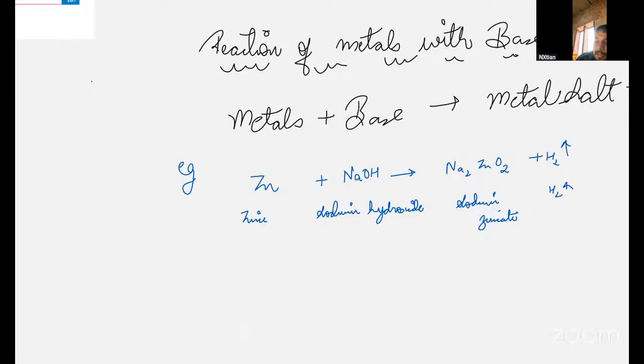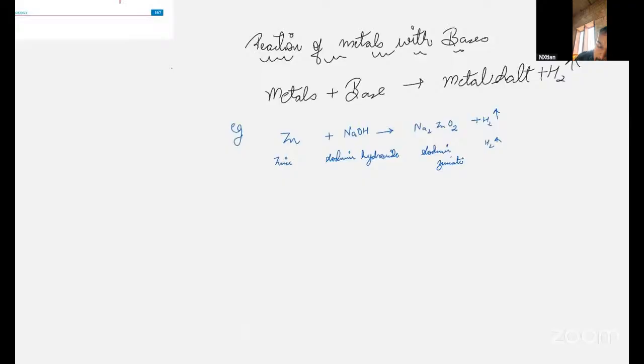Okay, sodium zincate. The another one is aluminium, which reacts with NaOH. It will make sodium aluminate. So sodium aluminate is NaAl2O. Let me check the formula.